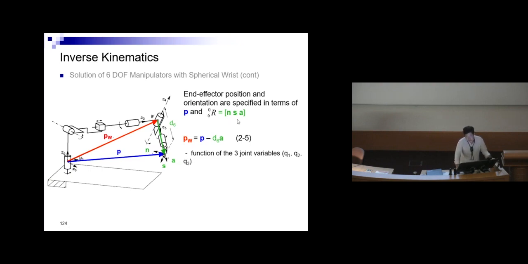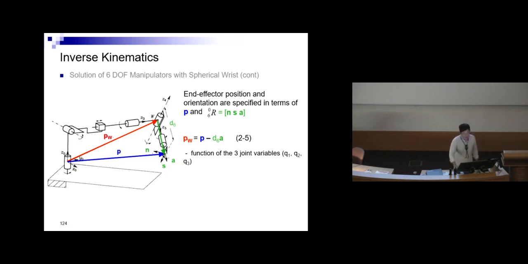Comprised of 3 vectors, and each of these is a direction cosine. So your PW over here can be defined as your P minus D6 multiplied by A, where A is from your rotation matrix, from looking at this geometry.